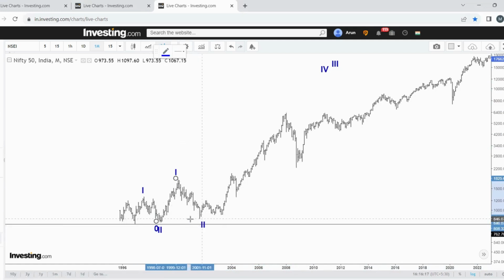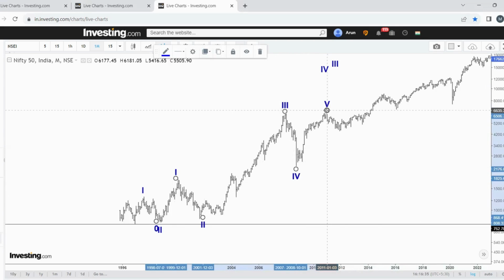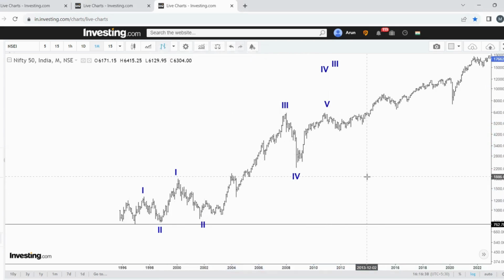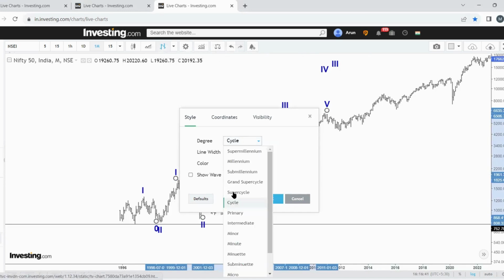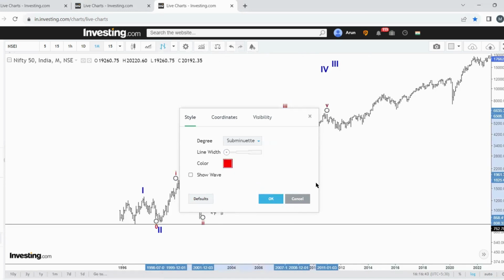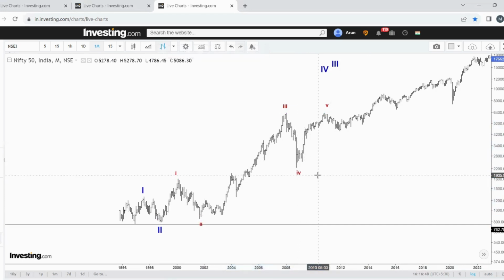Again, wave 2 low has not crossed below the starting point of wave 1, and wave 3 should be extended and move straight, then 4 and 5. I change the color. So this is wave 1, 2, 3, 4 and 5 of wave 3.